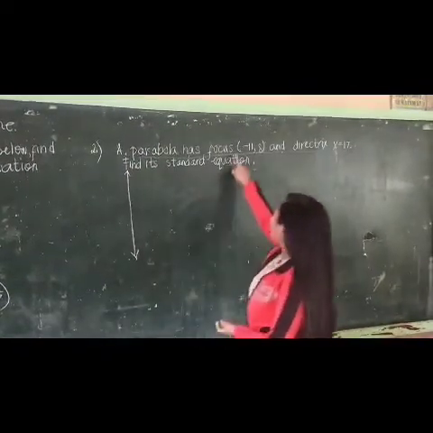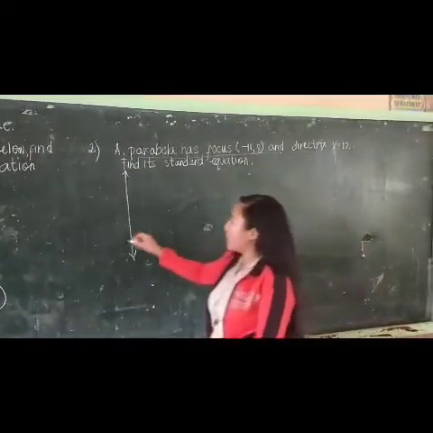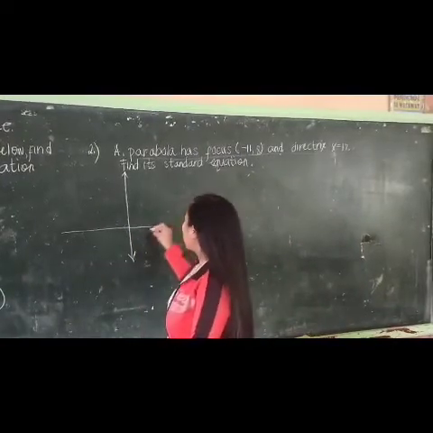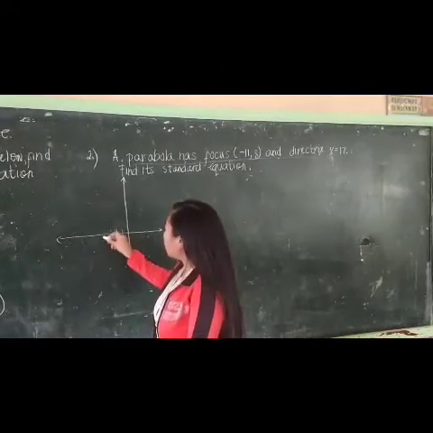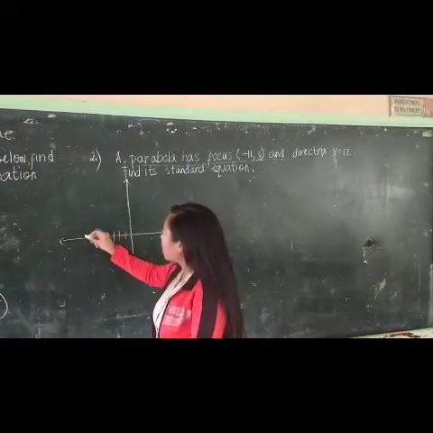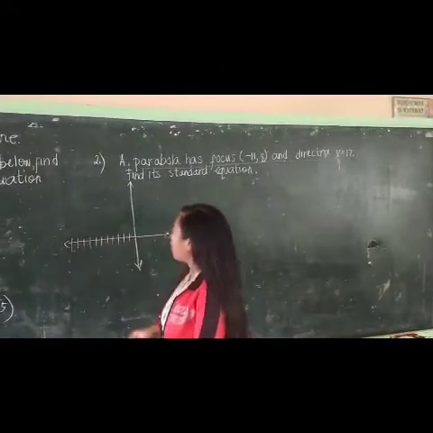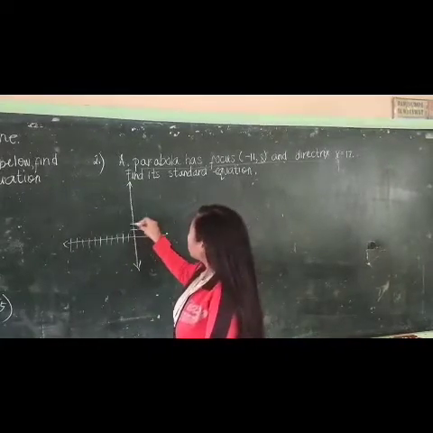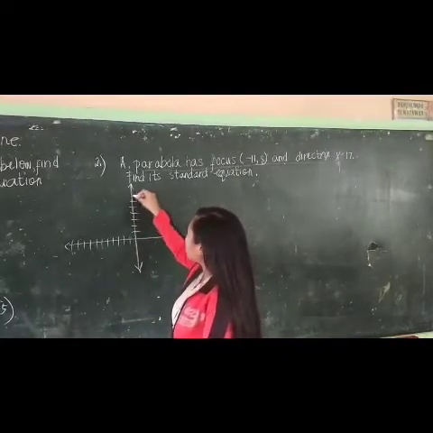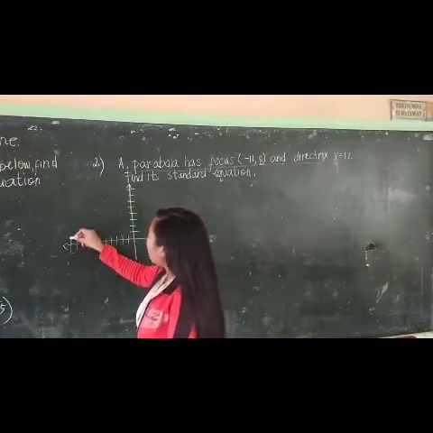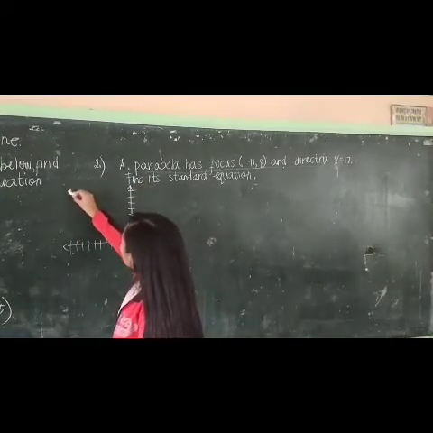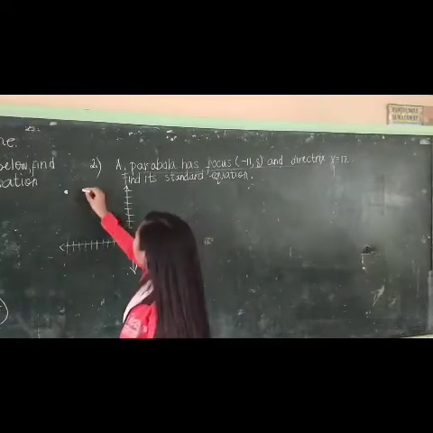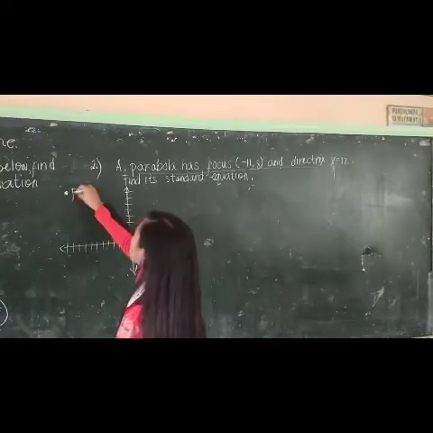Given that the focus is negative 11 and 8. Negative 11: 1, 2, 3, 4, 5, 6, 7, 8, 9, 10, 11. Then 8: 1, 2, 3, 4, 5, 6, 7, 8. So this is now your focus.